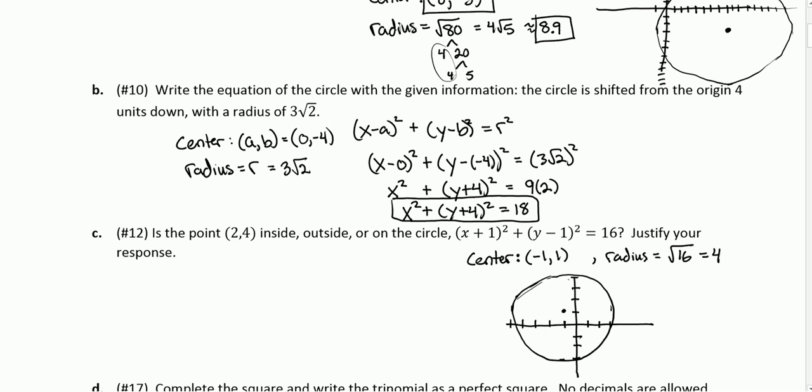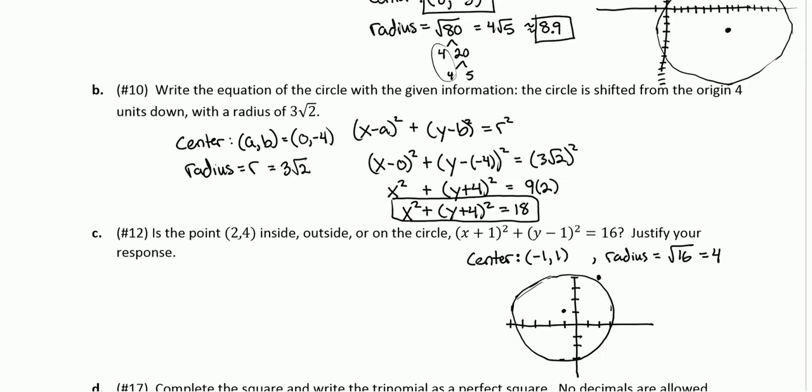And we're interested in the point 2, 4. So when we plot that point, we can see where it is in relation to our circle, which is pretty close to our circle. So our drawing may be off a little bit. The way I drew it, it looks like it's outside the circle, but I may be incorrect. We need some more information.